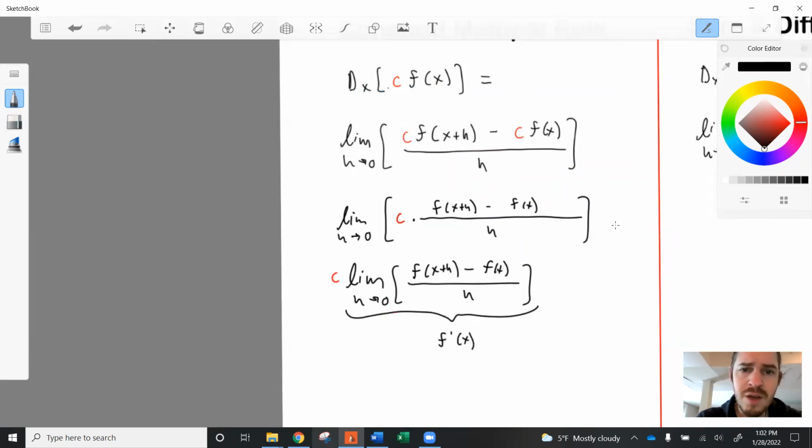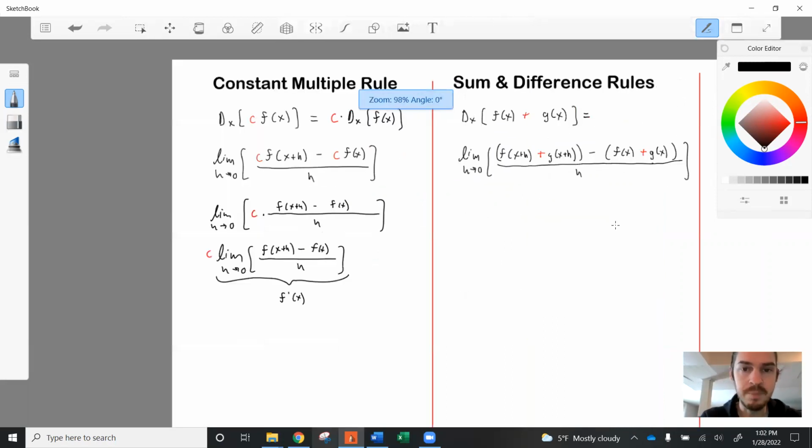So in fact, the derivative of c times f of x is just c times the derivative of f of x. So just like with limits, you can essentially take a constant multiple and pull it outside of the operator. Limits are an operator, derivatives are an operator. So it works very similarly.